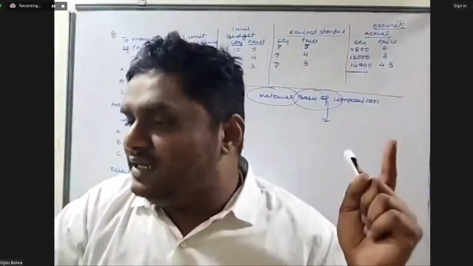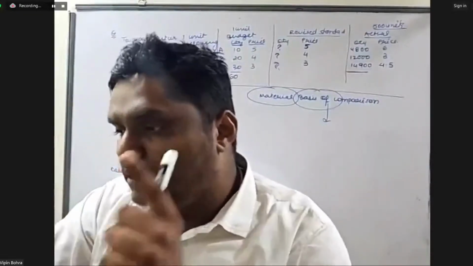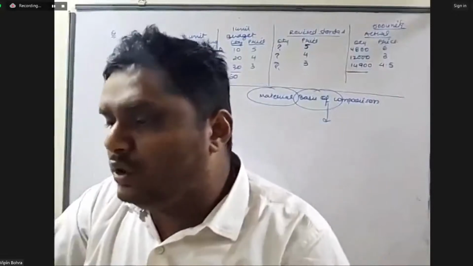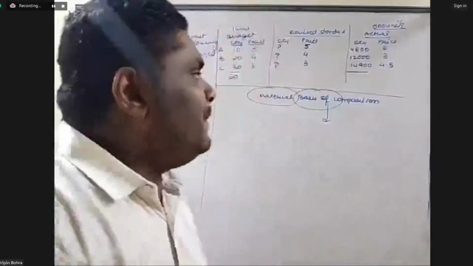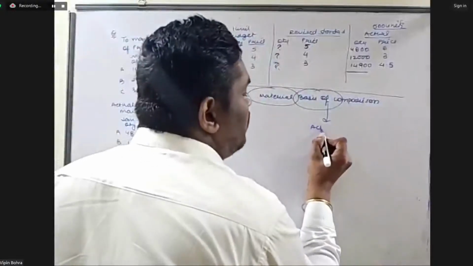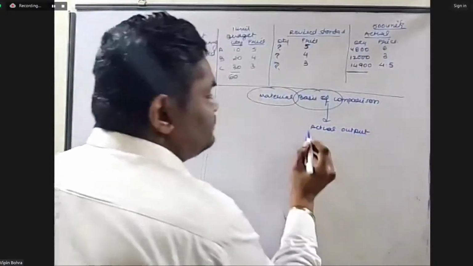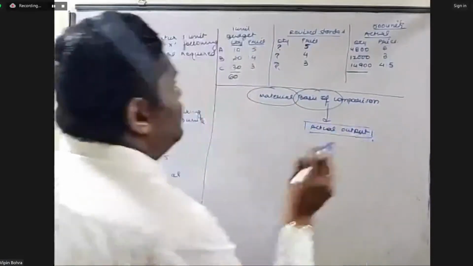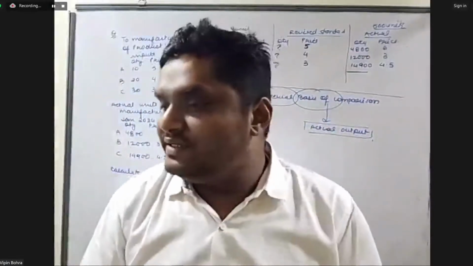Tanishka, again, your answer is incorrect. Okay, so I've got an answer from Swati, actual output. From Shweta Maruti, actual output. Anmol, your answer is also incorrect. What is the basis of comparison? Actual output. Okay, this question is not similar to the question I have discussed.